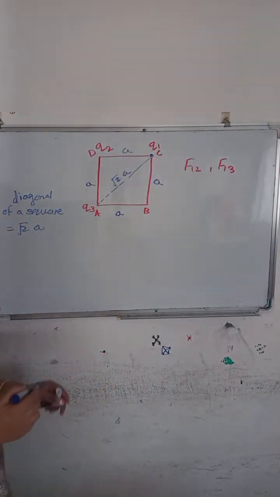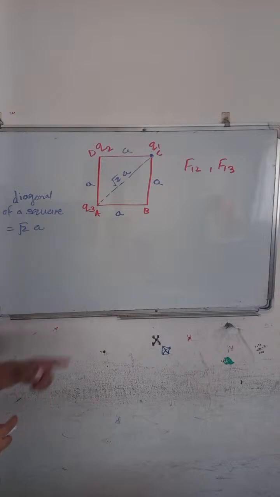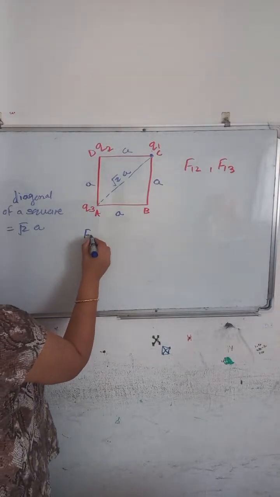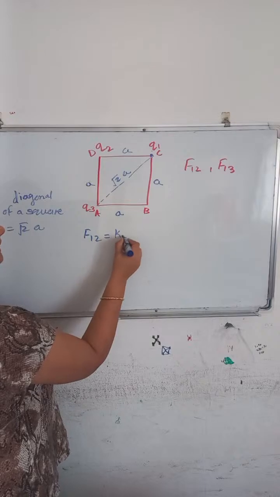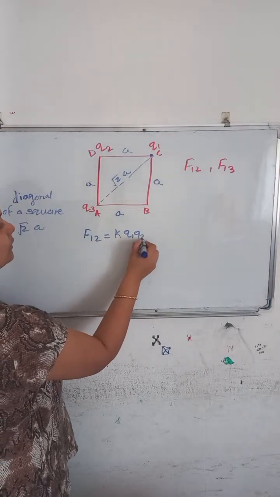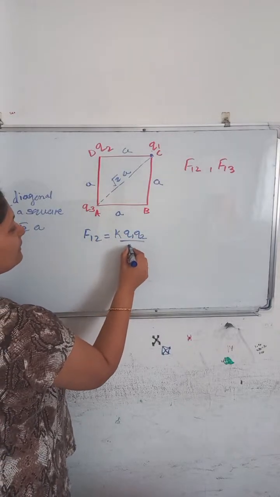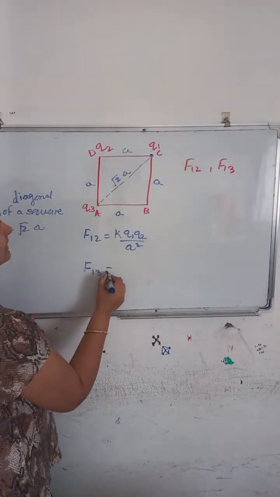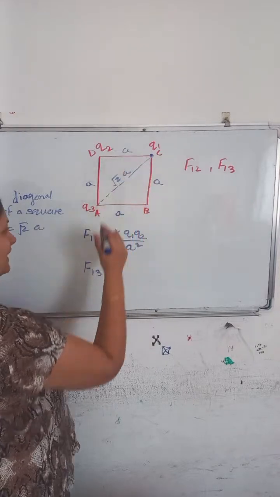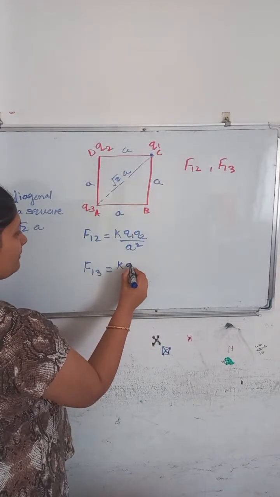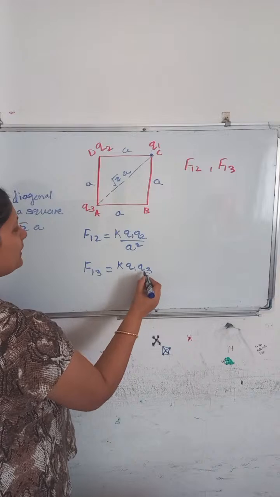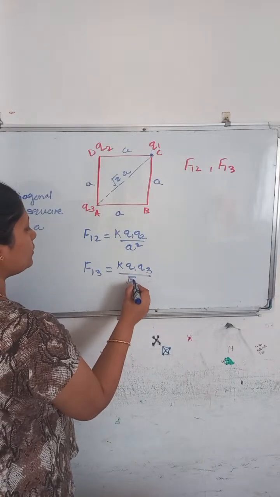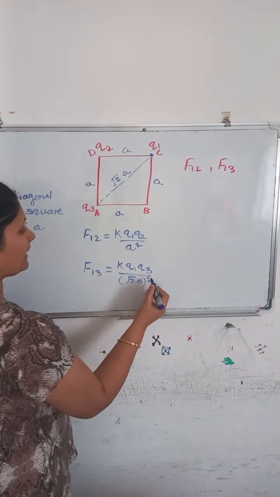Applying Coulomb's law, F12 is K Q1 Q2 upon a square, and F13 is K Q1 Q3 divided by root 2 into a, whole square.